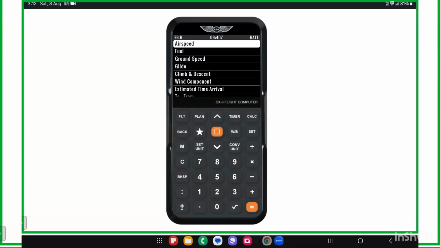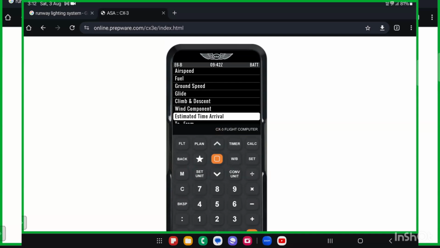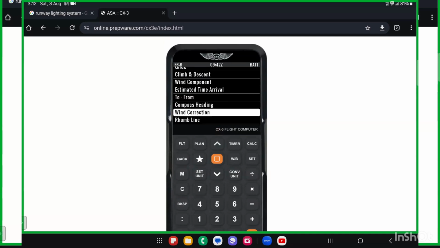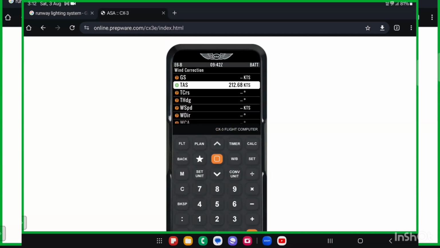Okay. So using CX3, we will find out ground speed out and ground speed home. Let's do it. Which function will we use now? Wind correction. Okay. TAS is already present, 212.68. First, we will find out outbound 350. Enter.